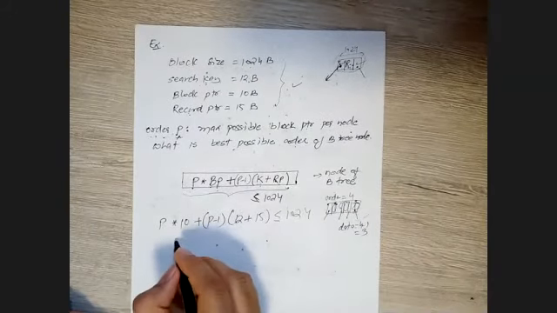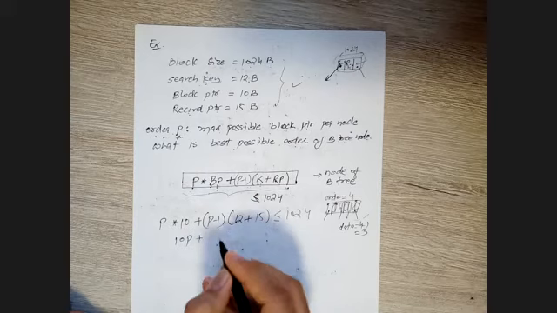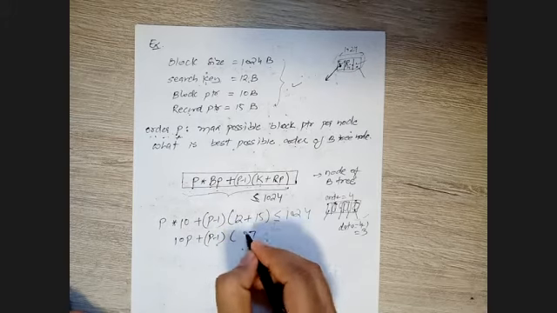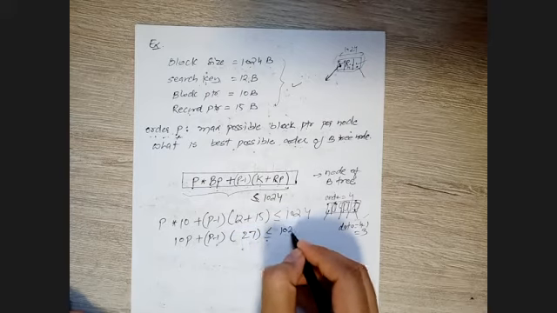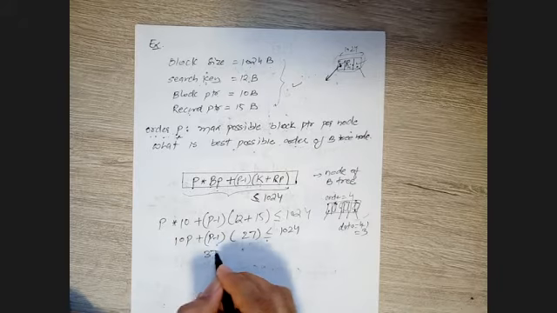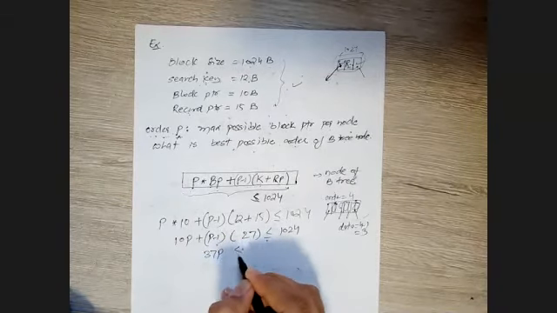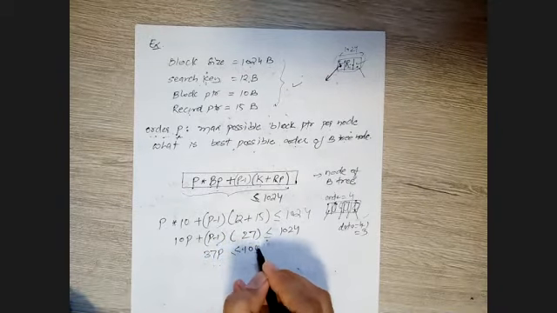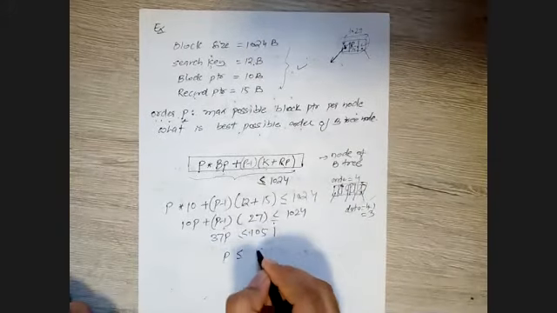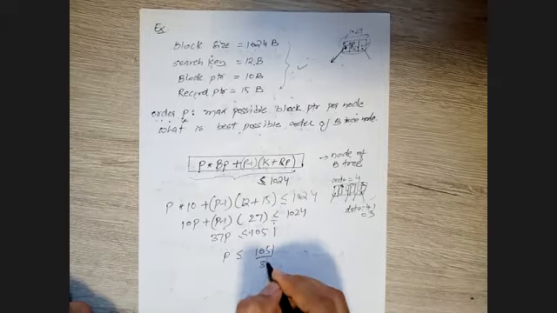So we solve it: 10P plus P minus 1 times 27 is less than or equal to 1024. We'll get around 37P less than or equal to 1051. So take P less than or equal to 1051 by 37.